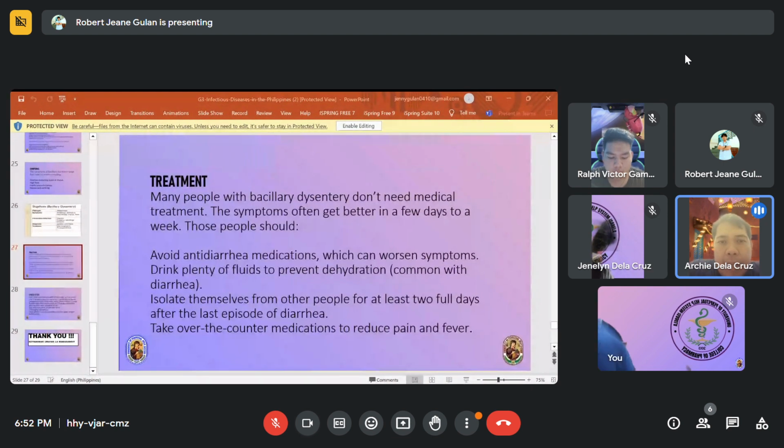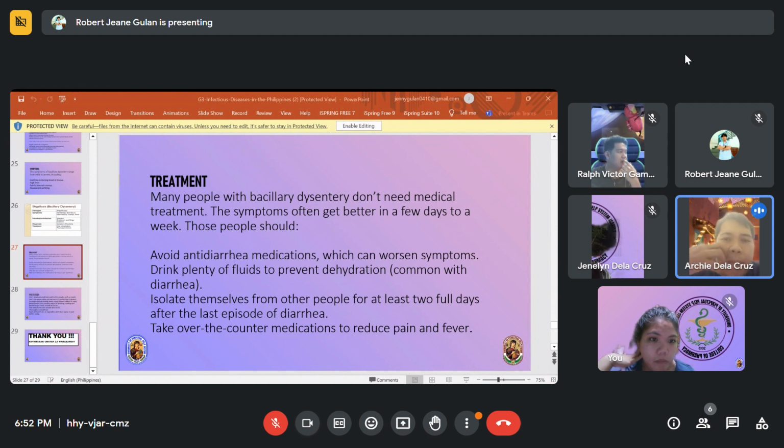And the treatment, dito meron namang mga treatment sa sakit na yan. Many people with bacillary dysentery don't need medical treatment. The symptoms often get better in a few days to a week. Those people should avoid anti-diarrhea medications.